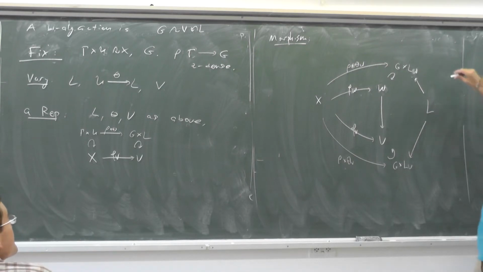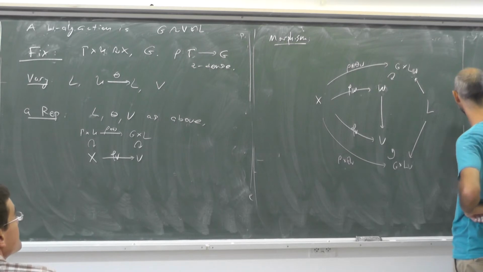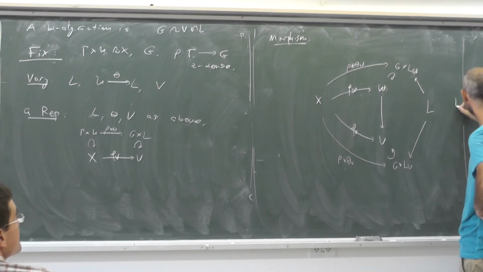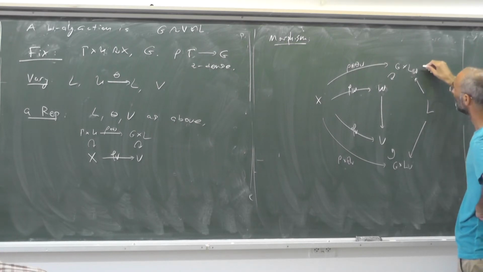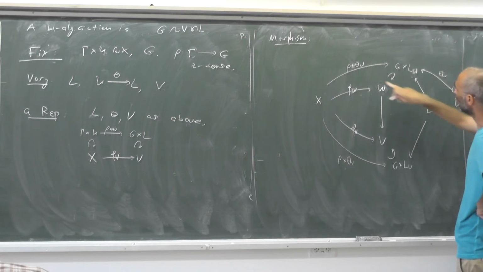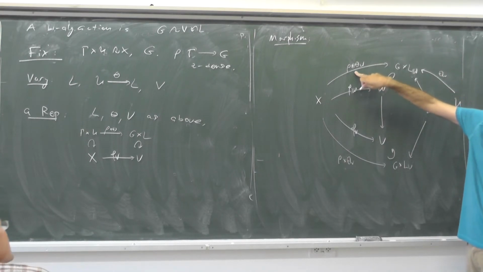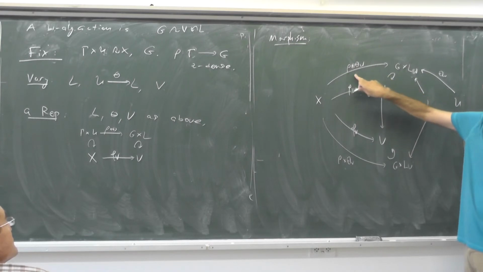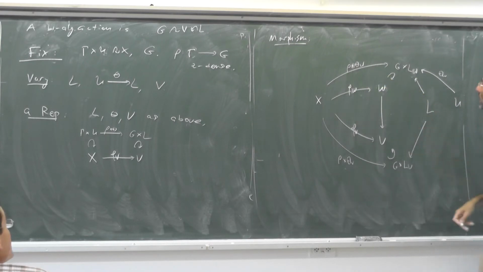And yeah, I guess let me write it here. And I'm having U here, and I'm having this map theta_W. This is not the name of the map. This is just saying that this arrow is equivariant with respect to this action.